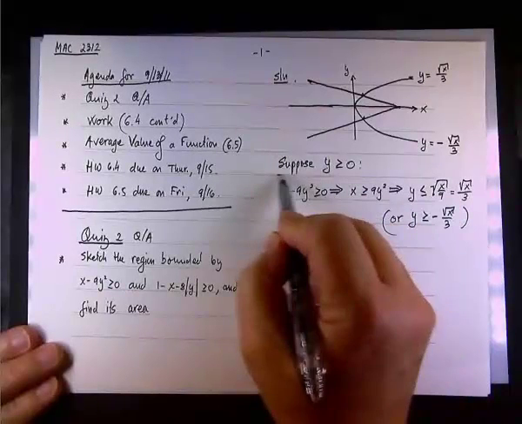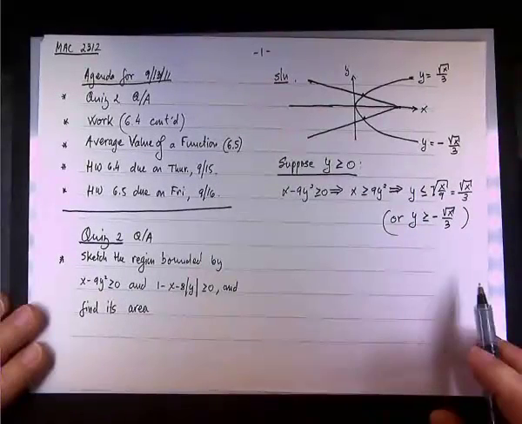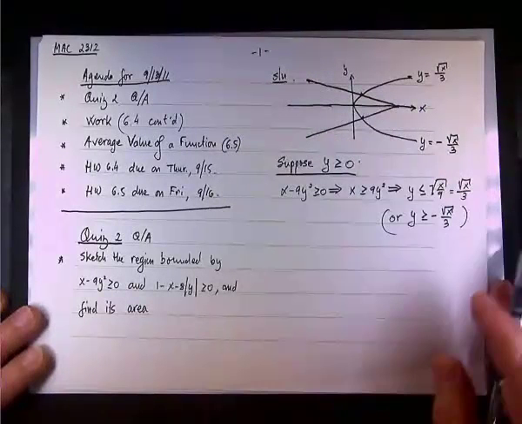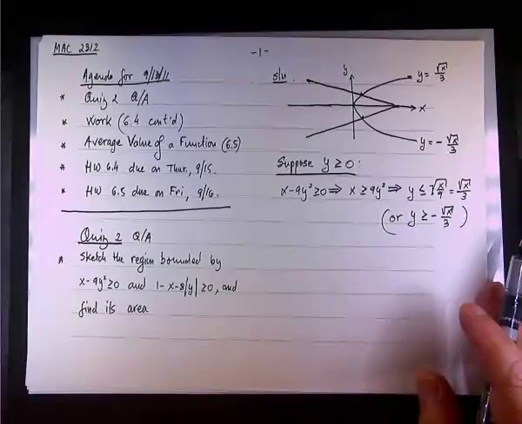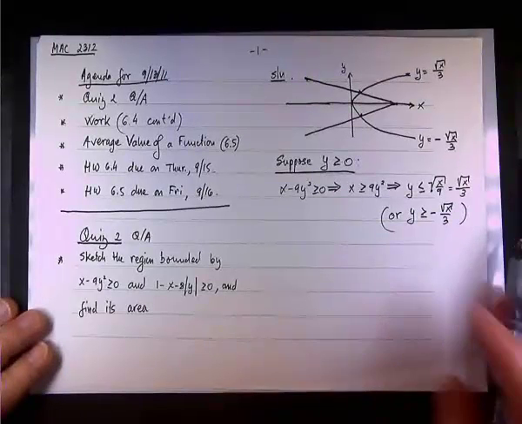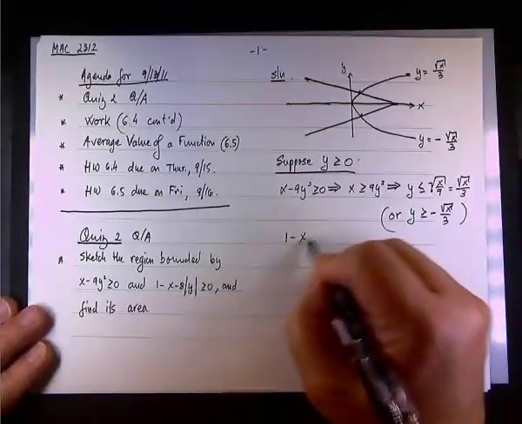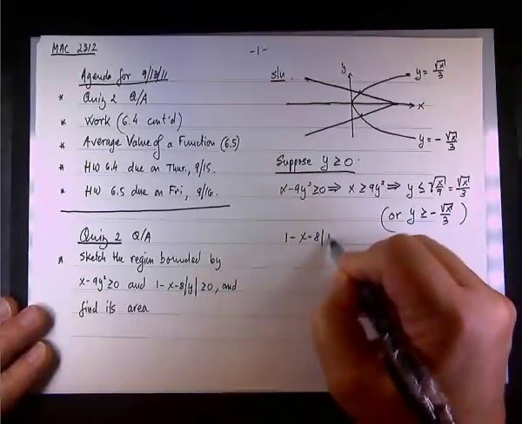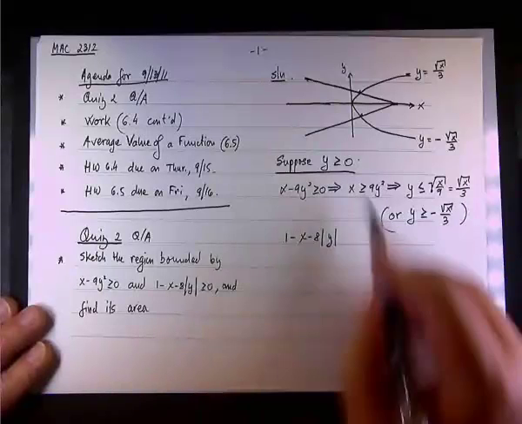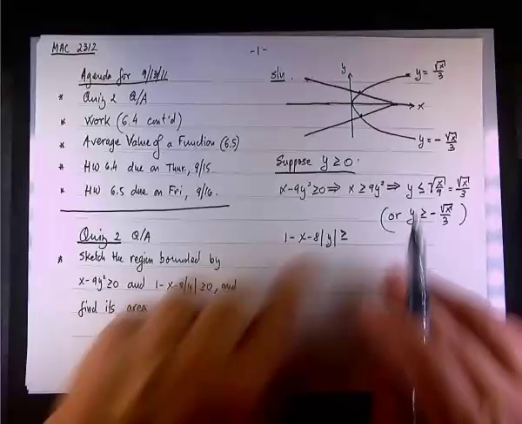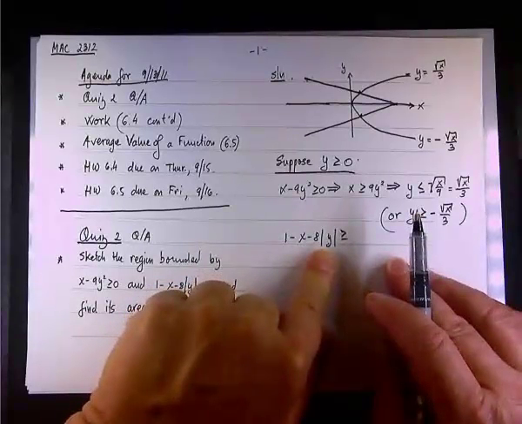Now let's look at the second relation, the one with the absolute value. Again, remember that we operate under the supposition that y is positive. This looks like a line, and indeed it's going to be a line. 1 minus x minus 8 times the absolute value of y.